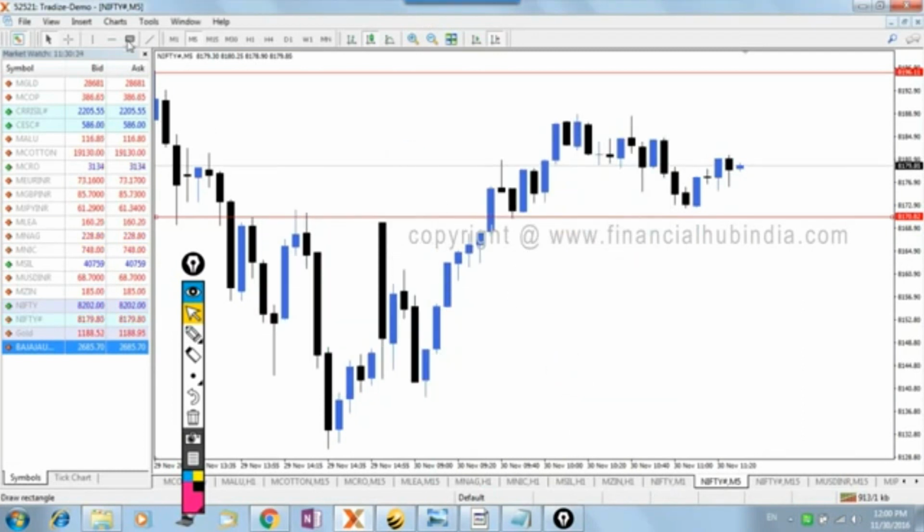There are many more drawing tools, but I'm not using all of them. The things required for our trading purpose, I'm just sharing those with you. If I click this, I can highlight with this. Double click and you can move it anywhere you want, right?